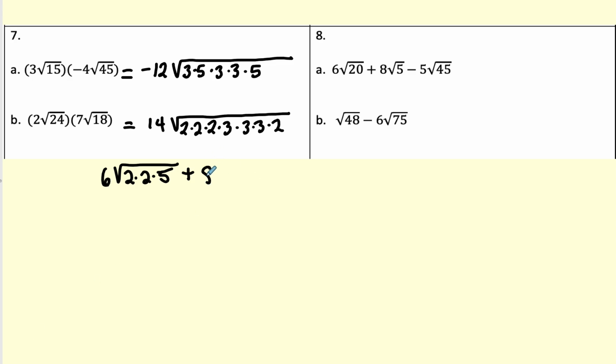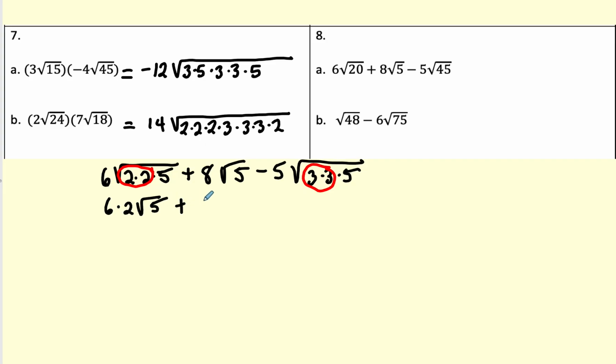Let's see, 45 I can make 9 times 5, which is 3 times 3 times 5. All right, now since I have groups of 2 in here, I can pull that out, and now I will have 6 times 2 root 5 plus 8 root 5 minus 5 times 3 root 5.